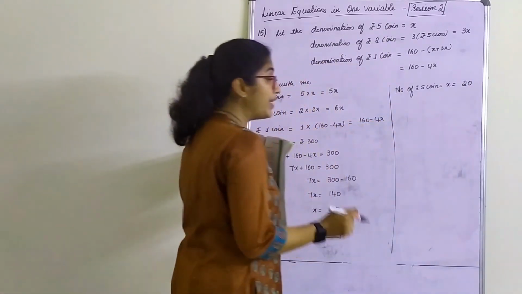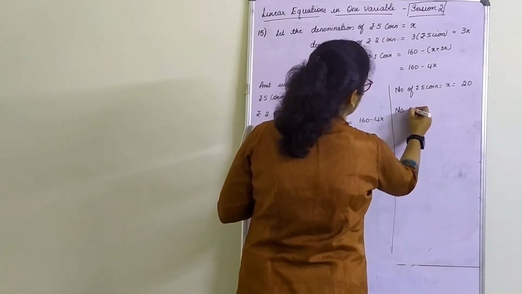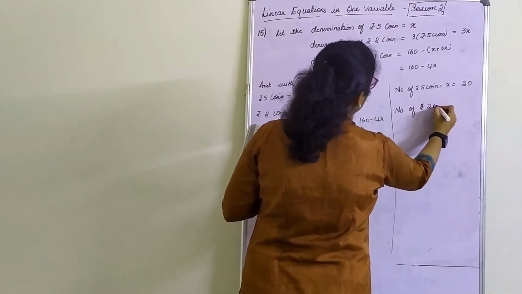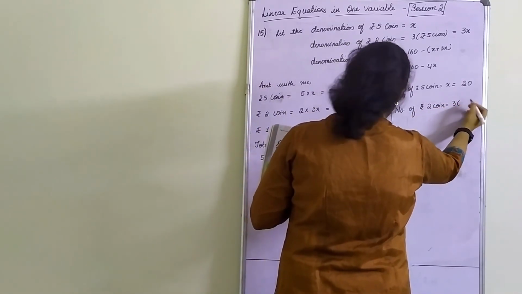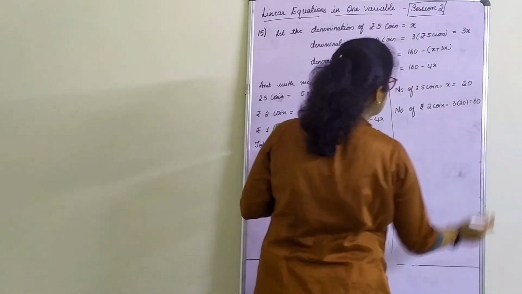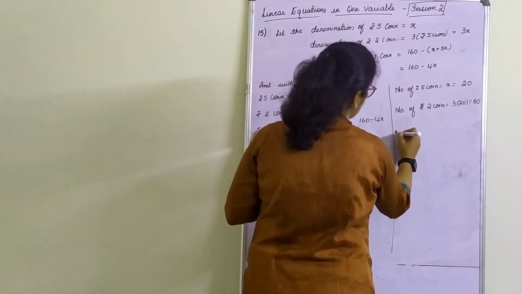So I have 20 rupees 5 coins. Then number of rupees 2 coins is equal to 3 into 20, which is 60. I have 60 rupees 2 coins.